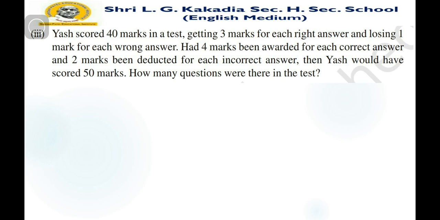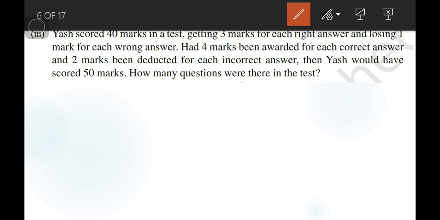Here we can say that x is the number of correct questions and y is the number of wrong questions, so 3x minus y is equal to 40 marks.